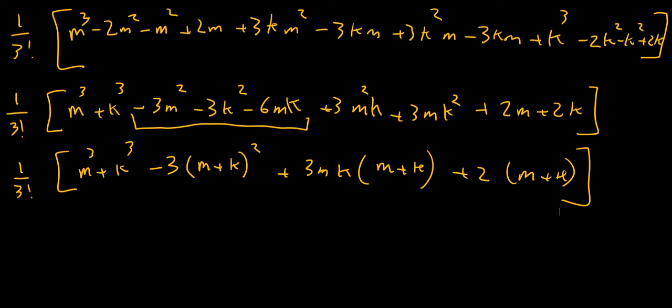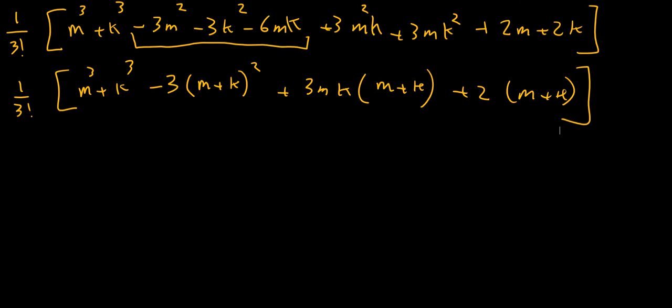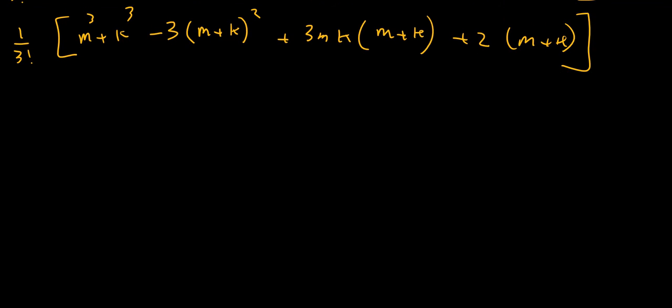Now, the next thing we need to factor is the m cubed plus k cubed. And there's a little rule for this. I'm going to write it down for you because it is pretty important.